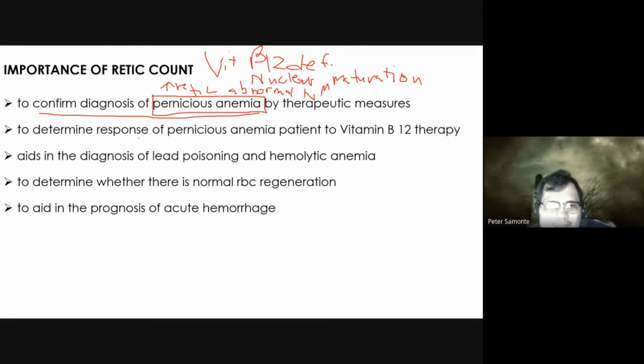Now, it is also used to determine response of pernicious anemia patient to vitamin B12 therapy. So, what is the expected result, class, kapag nag-undergo na ng vitamin B12 therapy? Ano na ang magiging resulta ng reticulocyte niya? Naggagamot ka na, binibigyan ka na ng supplement for vitamin B12.